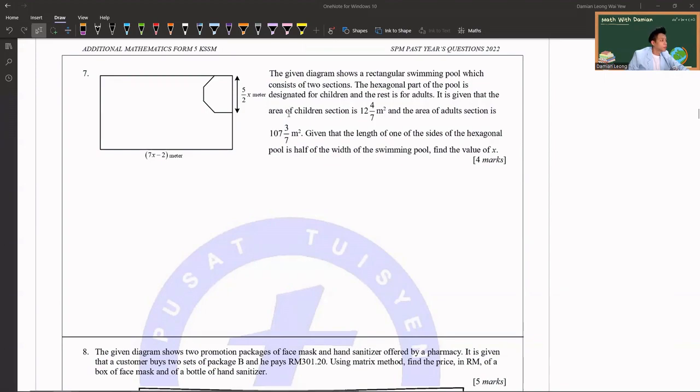The length of one of the sides, the only one would be this one. That is possible to be half the width of the whole swimming pool, which means here should also be 5/2x.